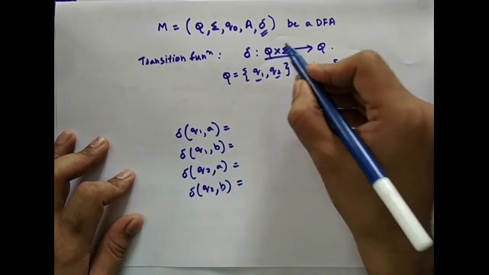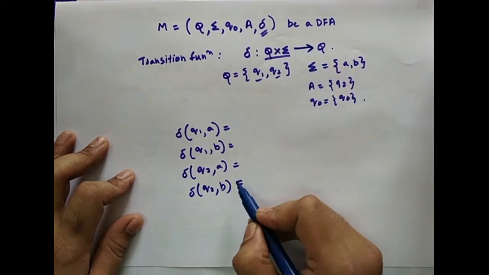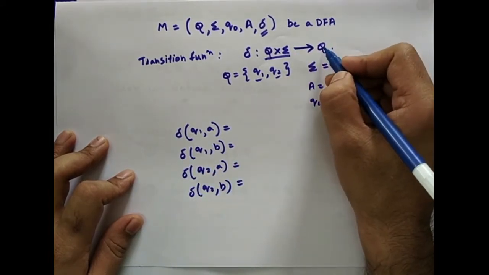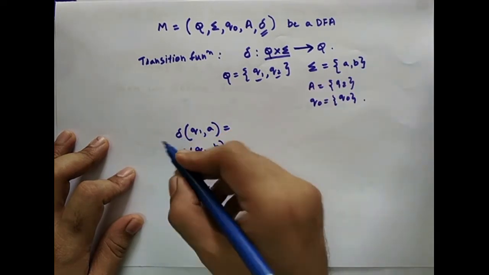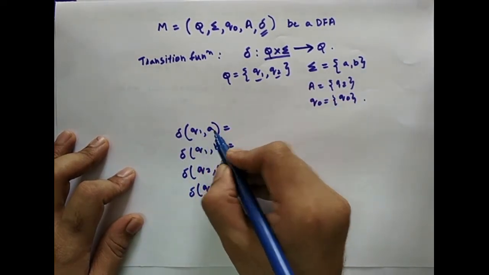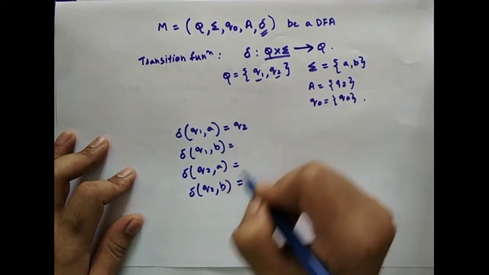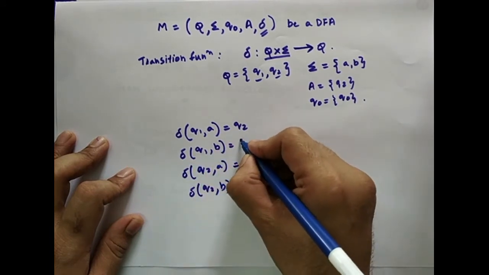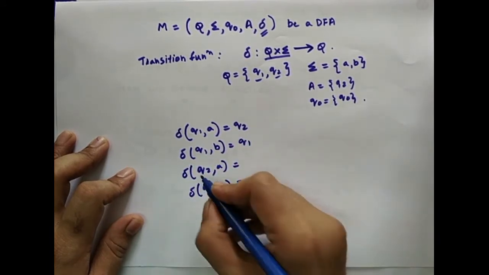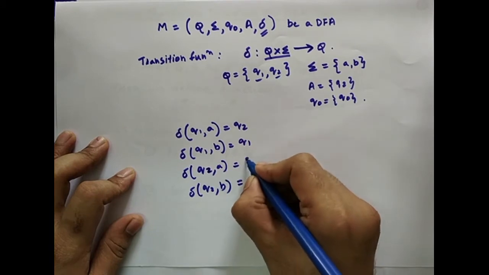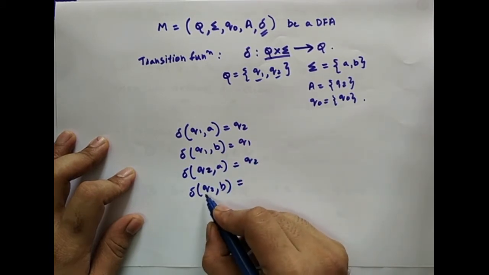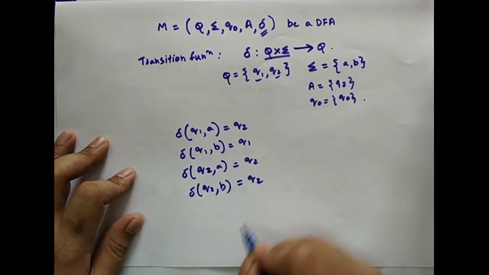Now what does the transition function give as output? The resultant state to which the automata moves. For example, from Q1 on reading A it goes to Q2. From Q1 on reading B it goes to Q1 itself. From Q2 on reading A it goes to Q2 itself, and from Q2 on reading B also it goes to Q2 itself.